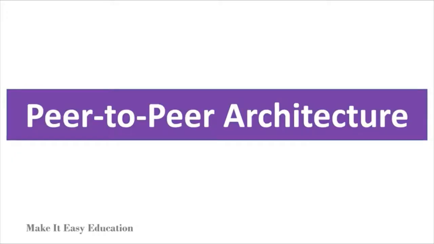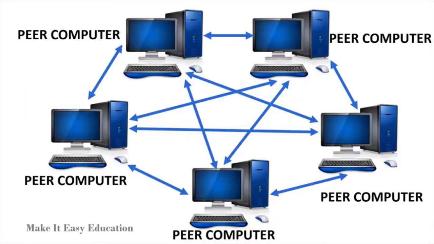Peer-to-peer architecture. In peer-to-peer architecture, all the computers in a computer network are connected with every computer in the network. There is no central computer that acts as a server. Every computer has equal status.